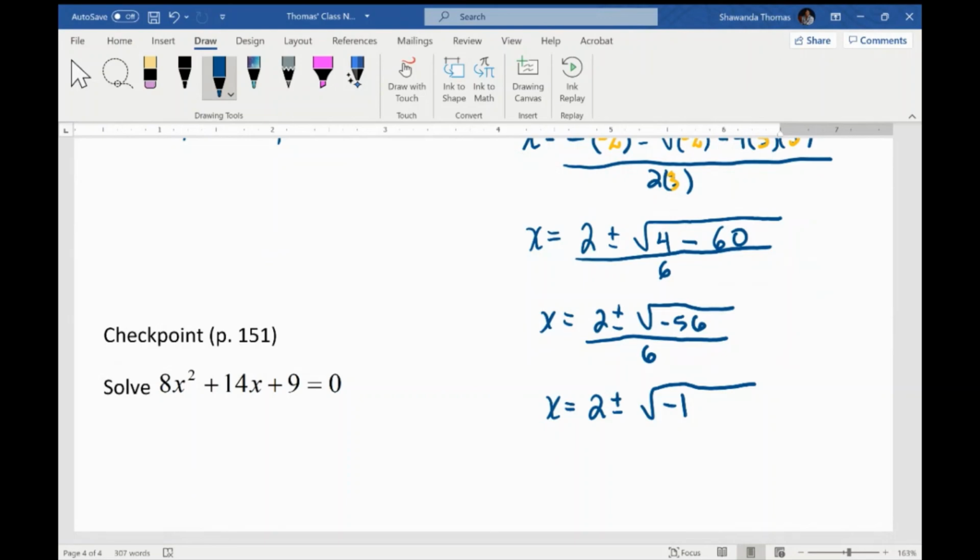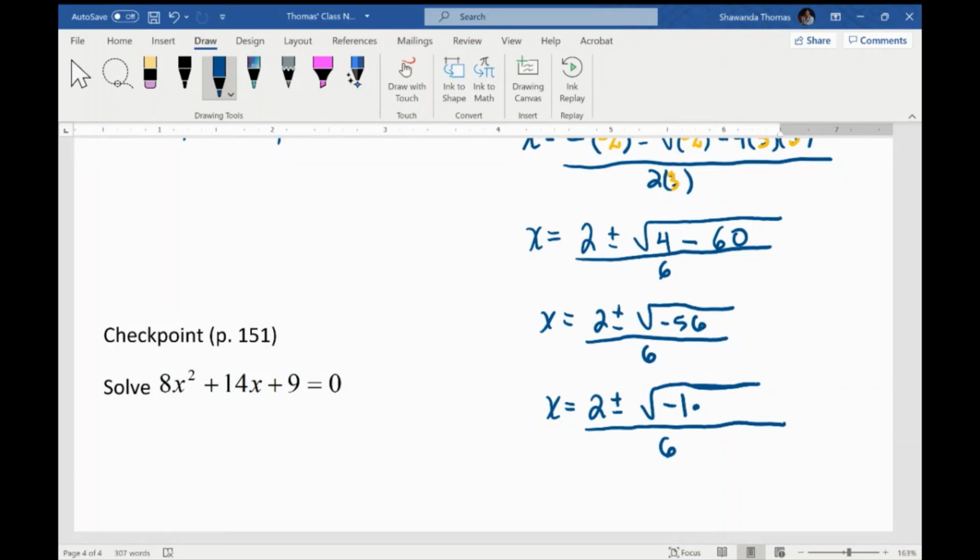So what is the perfect square factor in 56? You take your perfect squares and divide 56 by 4, 56 by 9, 56 by 16, 56 by 25. Which one of these perfect squares can divide into 56?